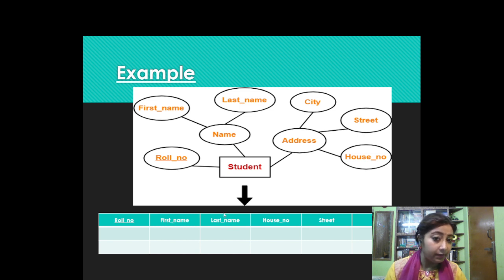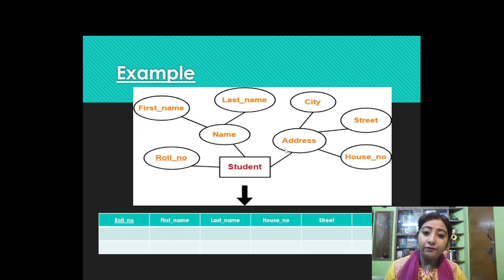Name will not come directly. Inside this name, the composite attribute consists of first name and last name, so first name and last name will come in this table.